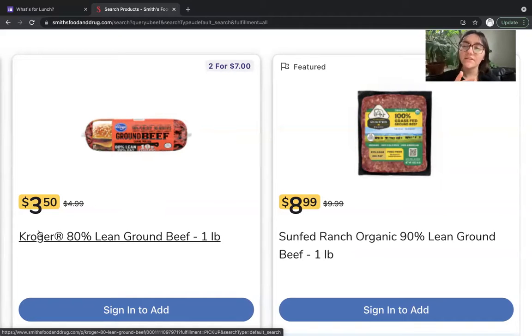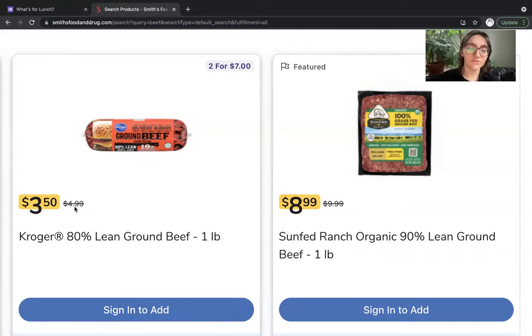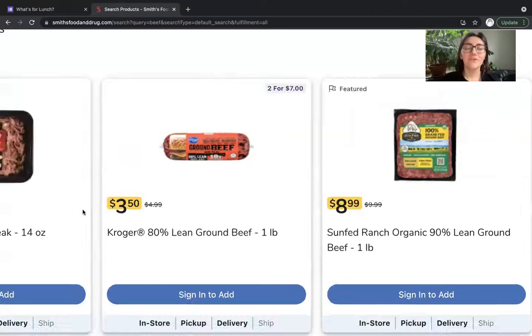So this isn't necessarily a sale, or maybe it is. It has the original price here, $4.99. So the store might be saying it's a sale, but sometimes really it's just the real price that they're charging. They just want to make you think that it's cheaper than it is. So we looked at that.